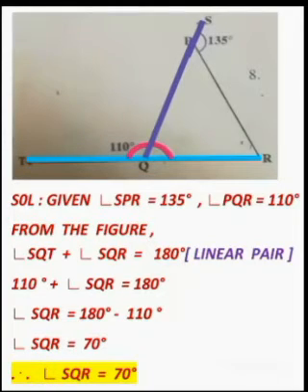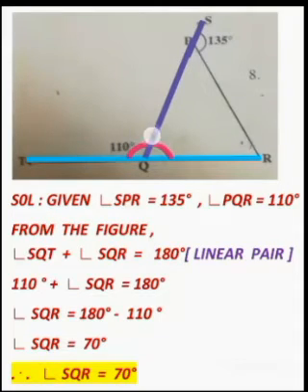So children, let us move to the solution. In the figure, SPR is equal to 135 degrees and PQT is equal to 110 degrees. Observe the figure here, children. Here SQ is a ray that stands on a straight line RT. So what do you observe?